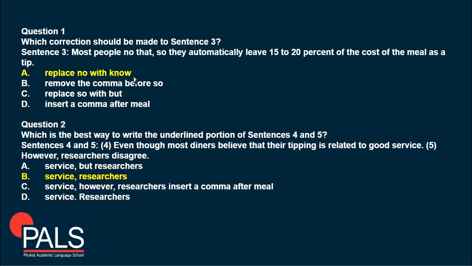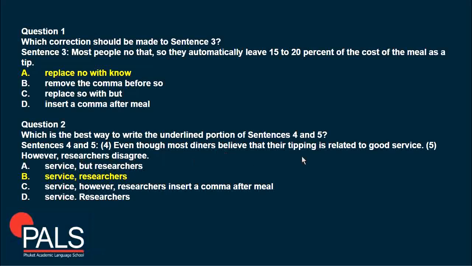Most people know or understand, so that's the correct answer. Now for question number two, which is the best way to write the underlined portion of sentence 4 and 5? All right. It's the transition between service, however, and researchers.